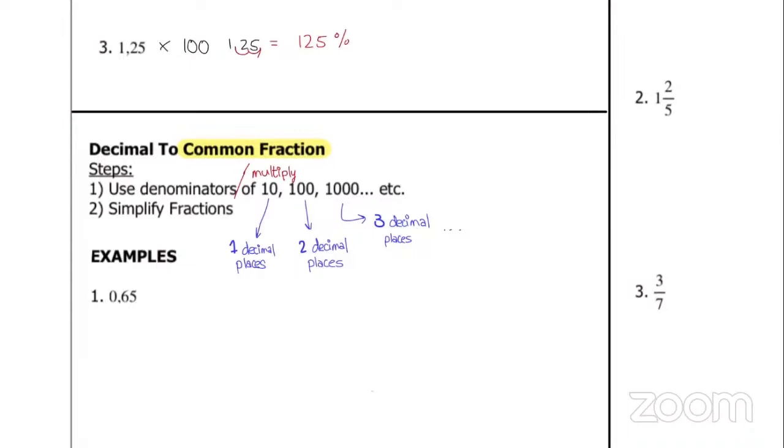Okay, so use denominators of 10, 100, and 1,000, etc. So we are technically going to multiply by these terms, multiply by 10, multiply by 100, multiply by 1,000, etc., and make the denominator 10 or 100 or 1,000, etc. Okay, so I'll show you an example.